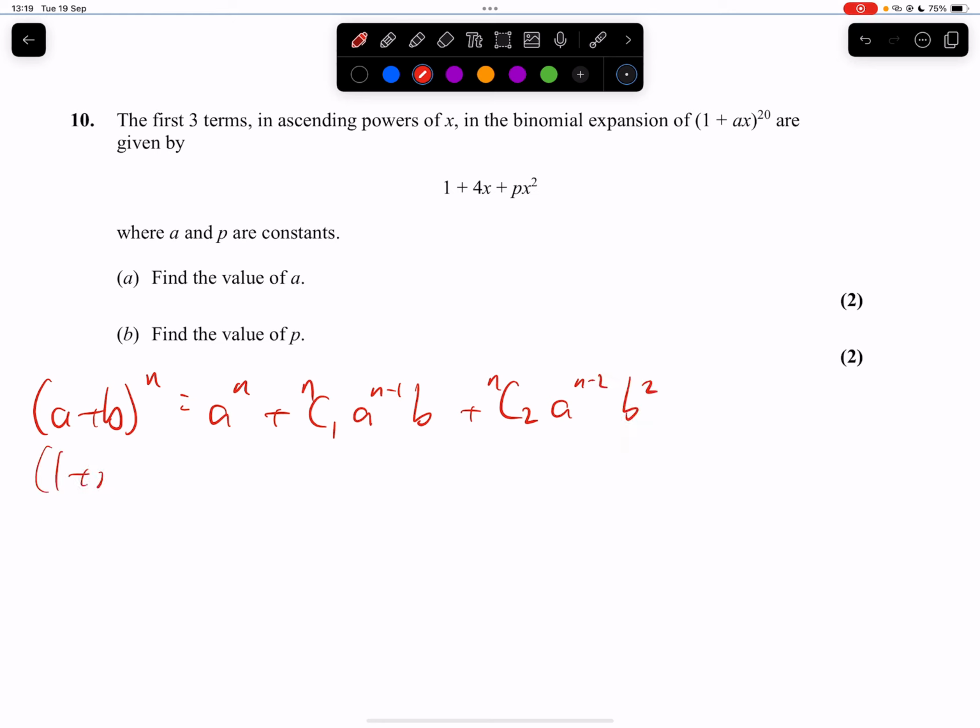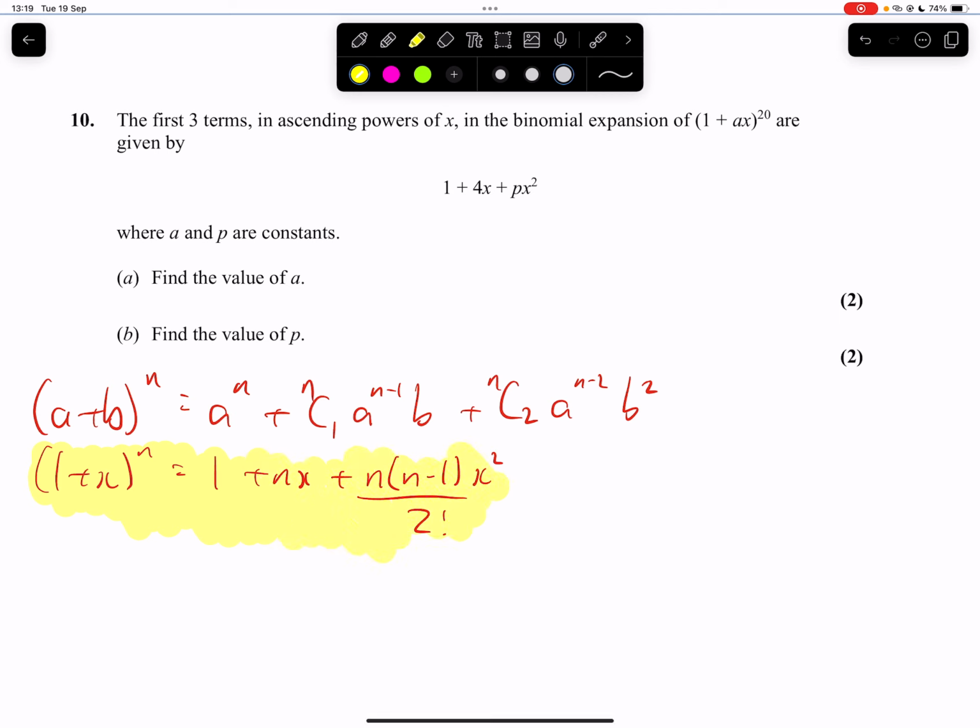You could, if you wanted, do this with (1 plus x) to the n is 1 plus nx plus n(n minus 1)x squared over 2 factorial as well. I would personally say that the second one is probably easier, but since that's not technically included in year 12 content, I'll leave that one for now and we'll just cover this one in pink.